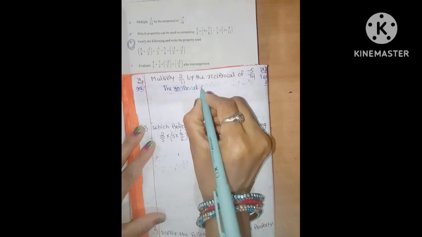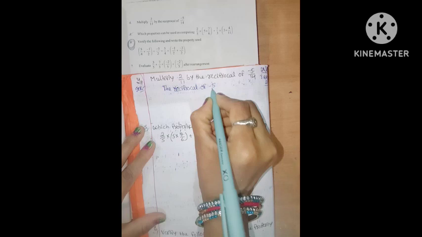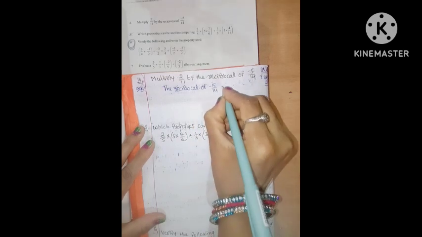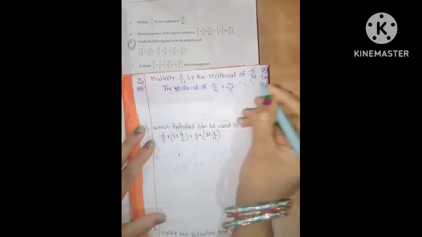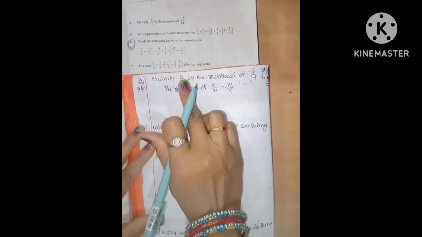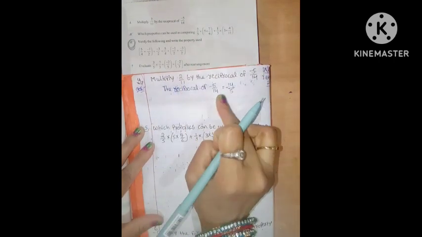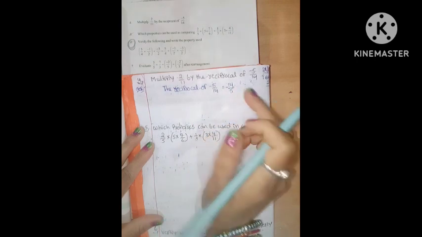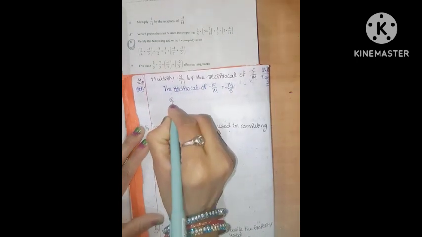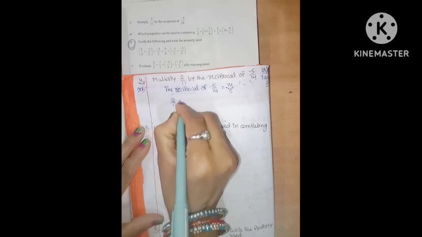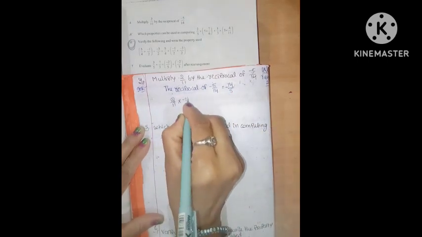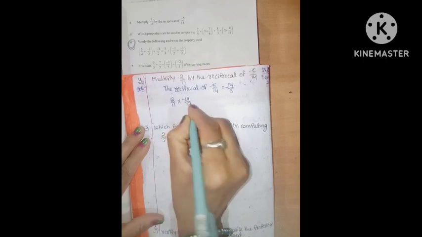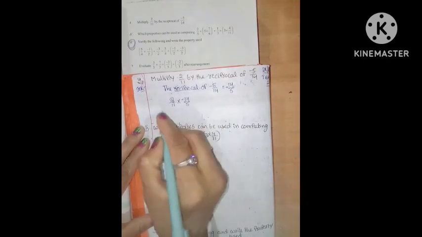The reciprocal of minus 5 by 14 is 14 by minus 5. Multiply 2 by 11 into the reciprocal of minus 5 by 14, so 2 by 11 into minus 14 by 5. Multiply these two terms.